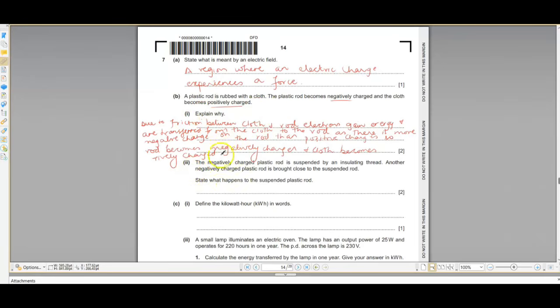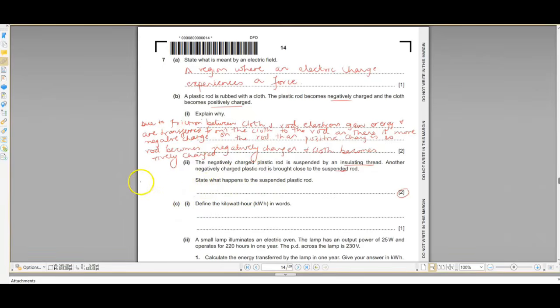Part 2 states that the negatively charged plastic rod is suspended by an insulating thread. Another negatively charged plastic rod is brought close to the suspended rod. State what happens to the suspended plastic rod. Again, 2 marks question, so you've got to write what happens and then tell why it is happening. So we know that like charges repel each other and unlike charges attract each other. So since both the rods that were close to each other were negatively charged, they both will repel each other.